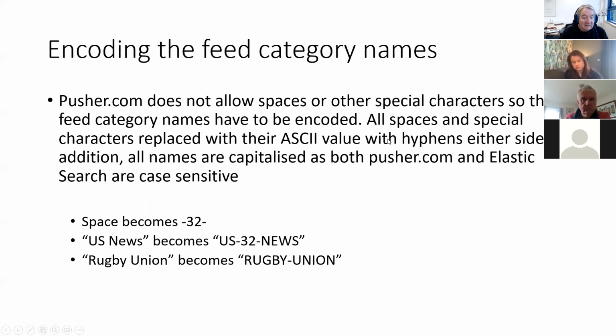Right, okay. So as I've covered before, the encoding of the feed category names. pushit.com doesn't allow spaces or other special characters, so they have to be encoded. We do our own encoding with this. URLs are another thing where you use encoding.